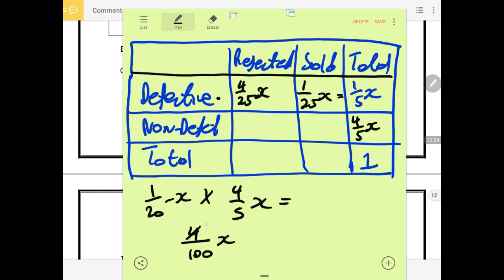So 4 goes to 4 once, to 100 it goes 25 times. So now we'll have 1/25X. I just made a mistake there. Instead of 20th, I said 25th.